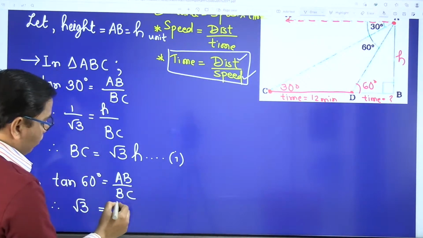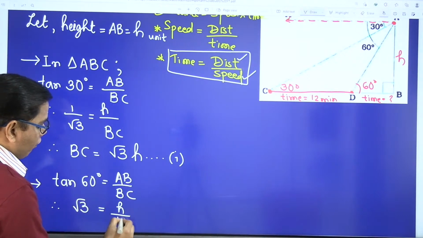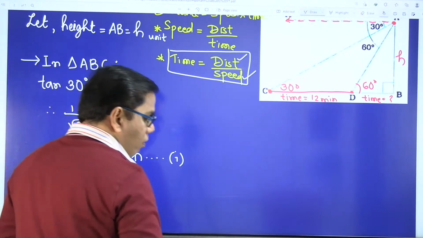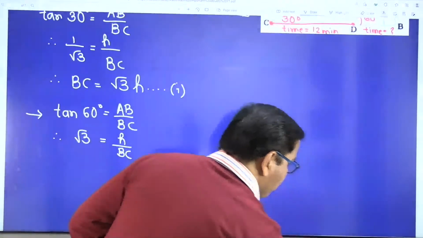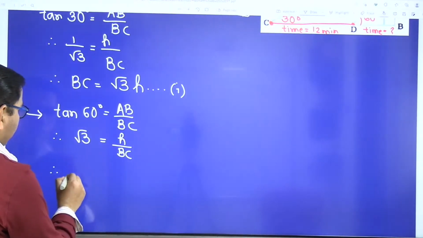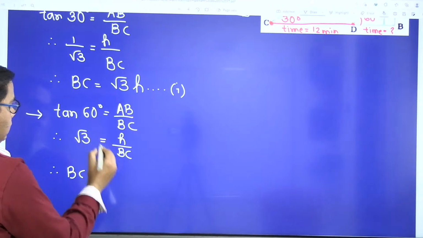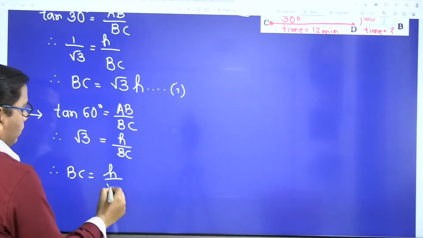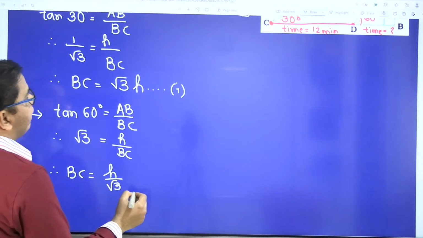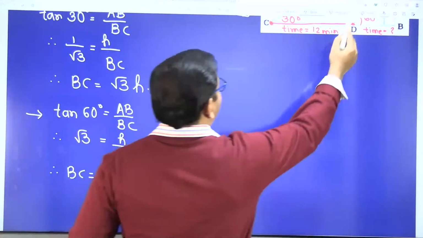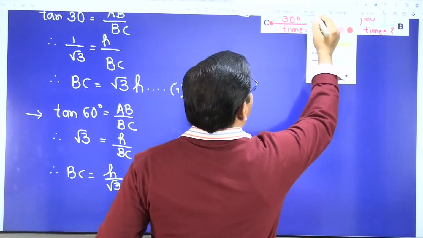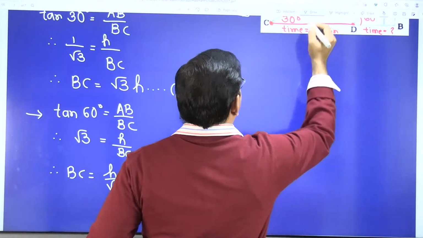And what about AB? AB is h, and I can find out BD. So what am I getting BD as? So BD I am getting as h upon root 3. In our 9th standard, we have studied a chapter called surds.